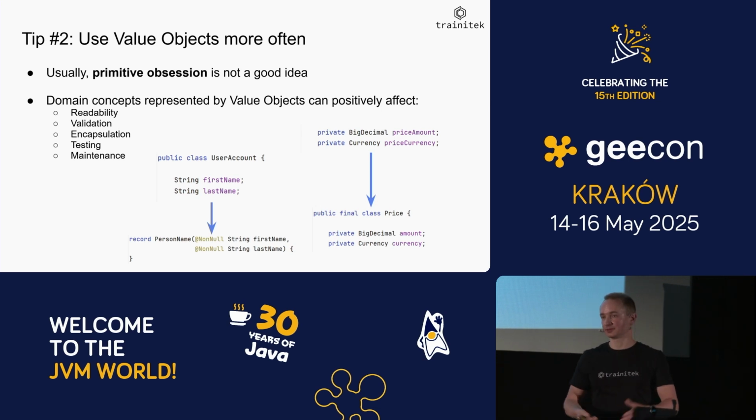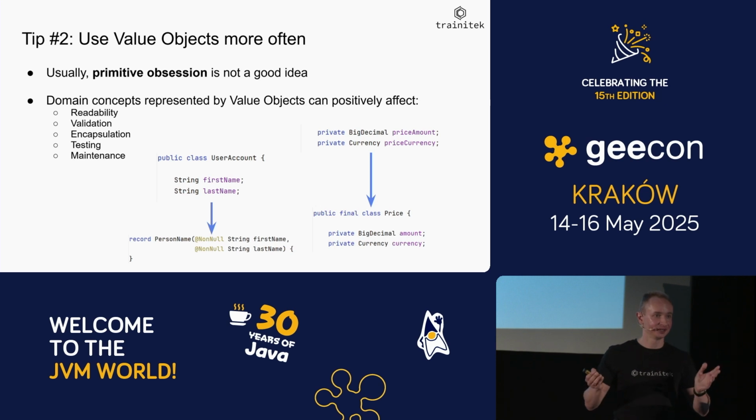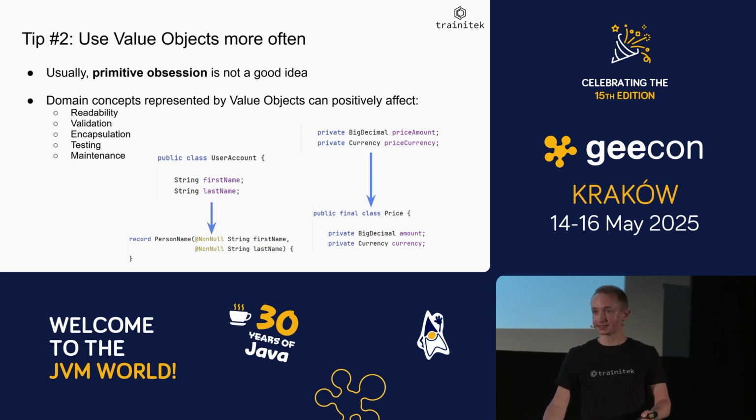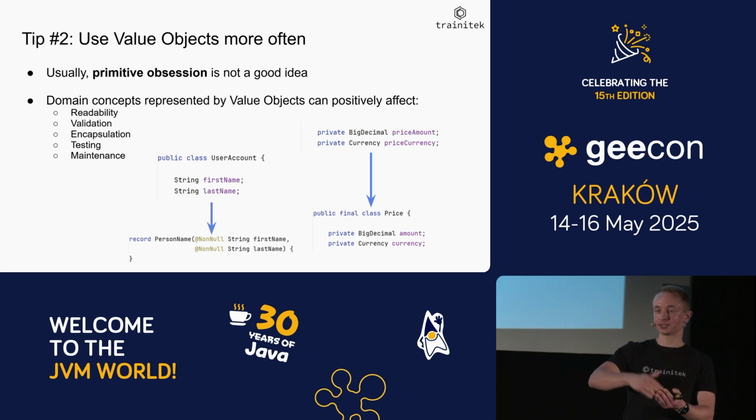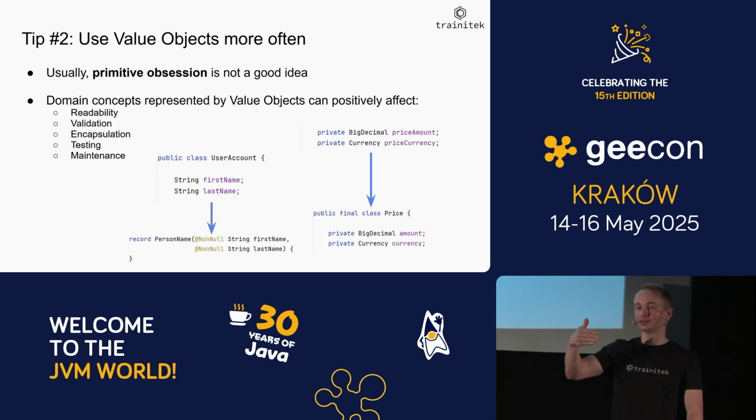Encapsulation, one of the most important principles of object-oriented programming, because the right logic will be located in the right place. Testing. If you want to test an entity that contains a value object, you will just focus on testing the logic inside that entity.